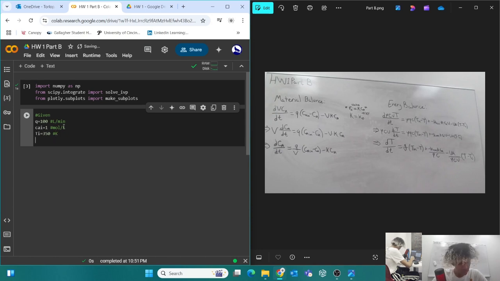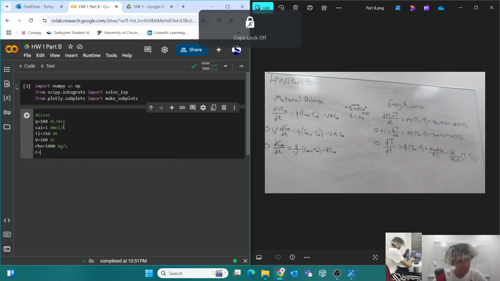QCI, TI, and then V equals 100 liters. And then we have density, rho, which is equal to 1,000 grams per liter.